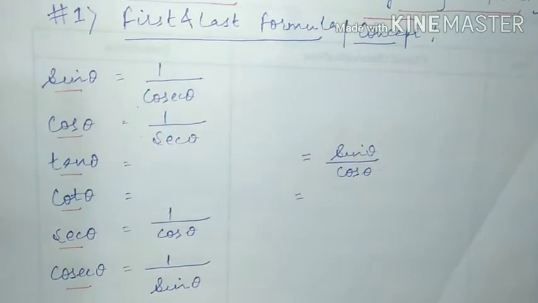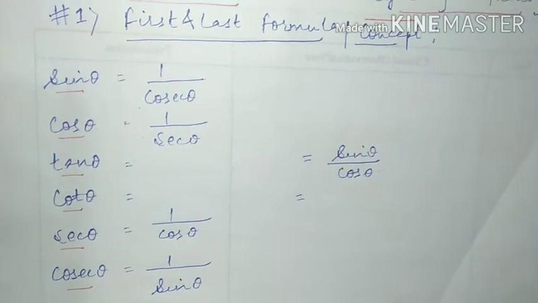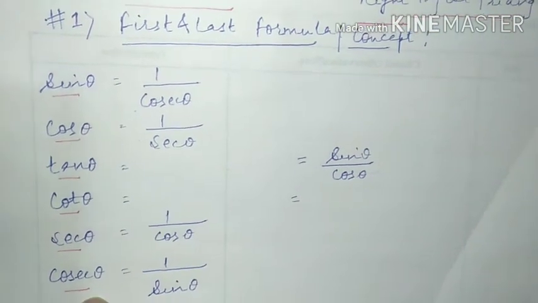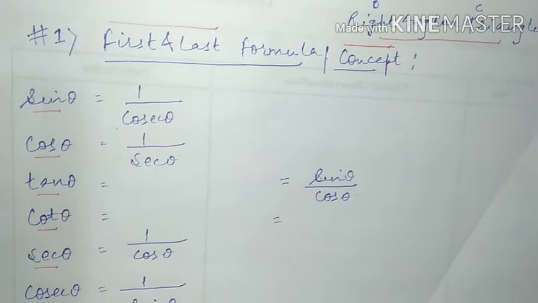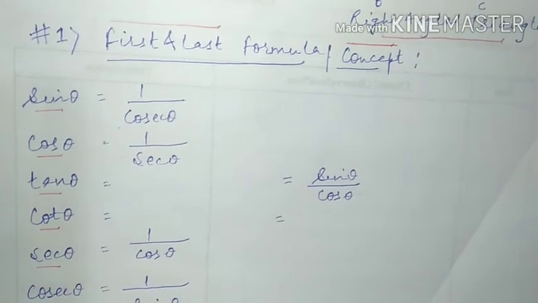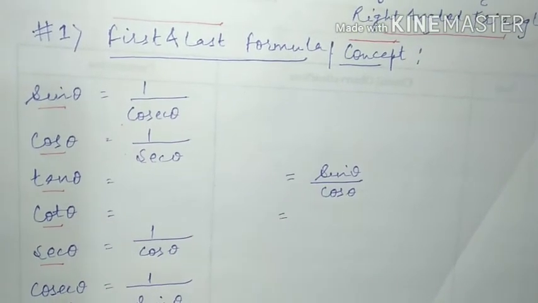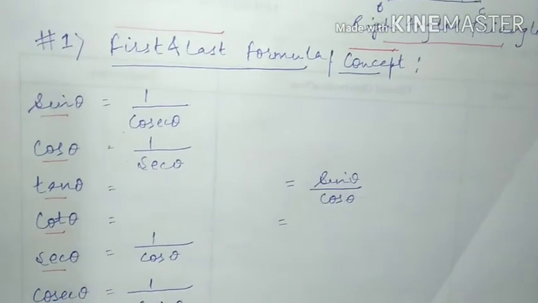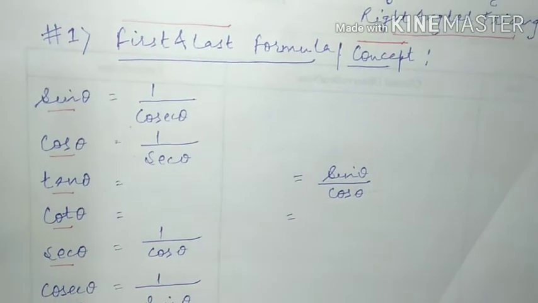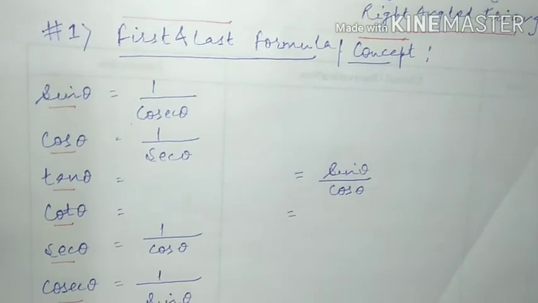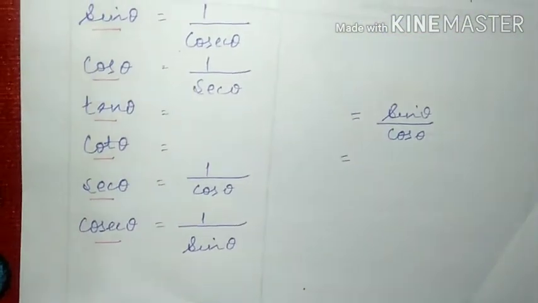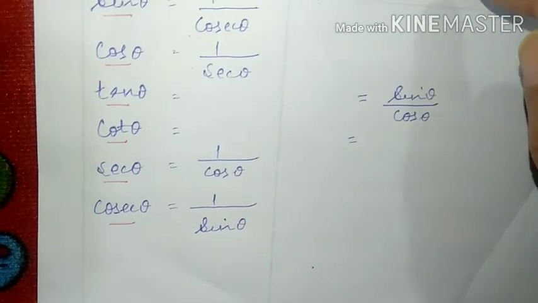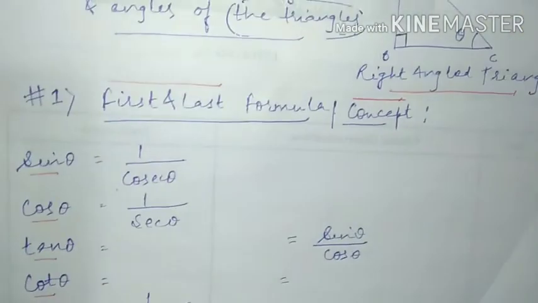Now come to the last function, that is cosec theta. So how will I make the formula for this function? For the last trigonometric function we are going to use the first trigonometric function, that is sine theta. So what could be the formula of cosec theta? That is 1 upon sine theta, right? So that's how we use this concept, that is first and last concept.